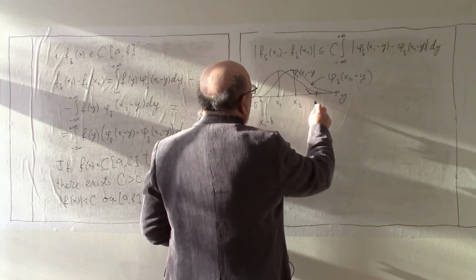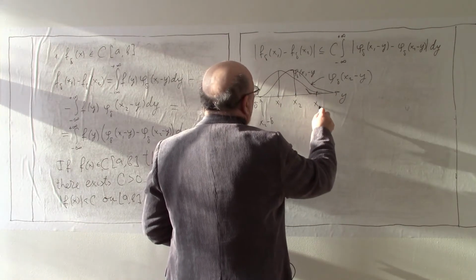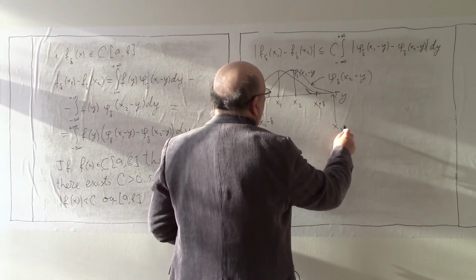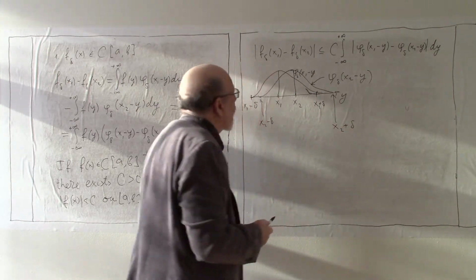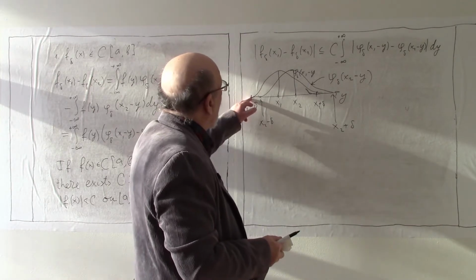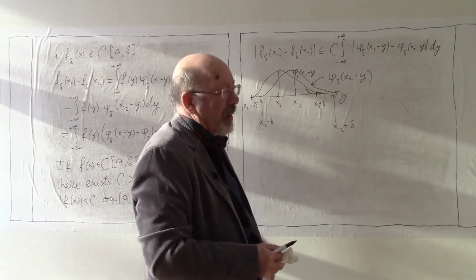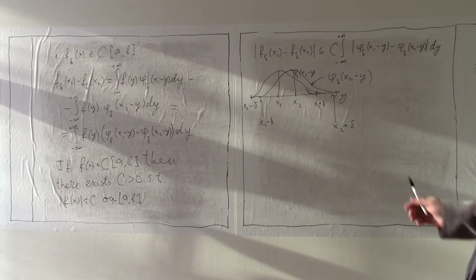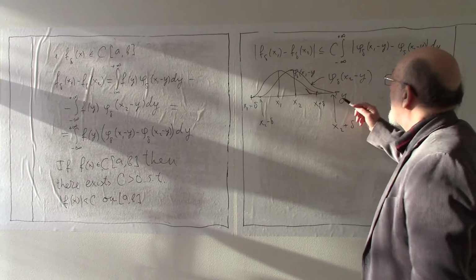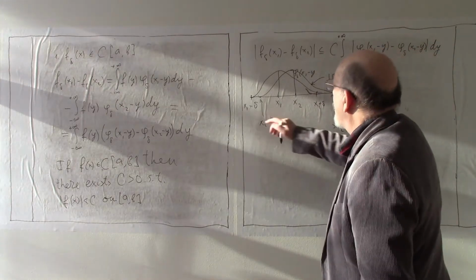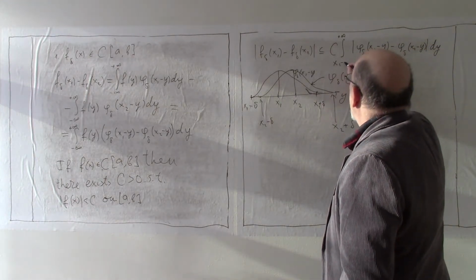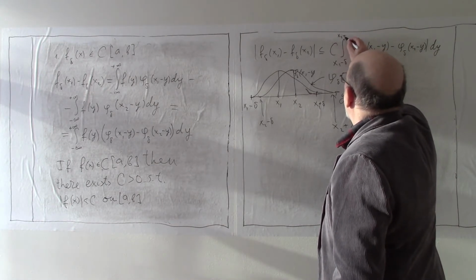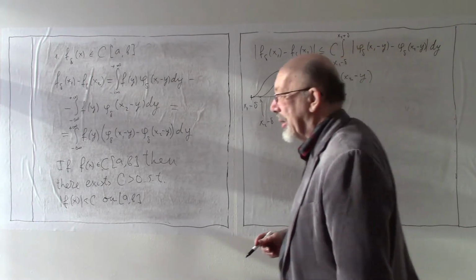This point is x1 plus delta, and this point is x2 plus delta. And outside of these points, both functions are zero, so we can integrate from x1 minus delta to x2 plus delta. I assume that x1 is less than x2.